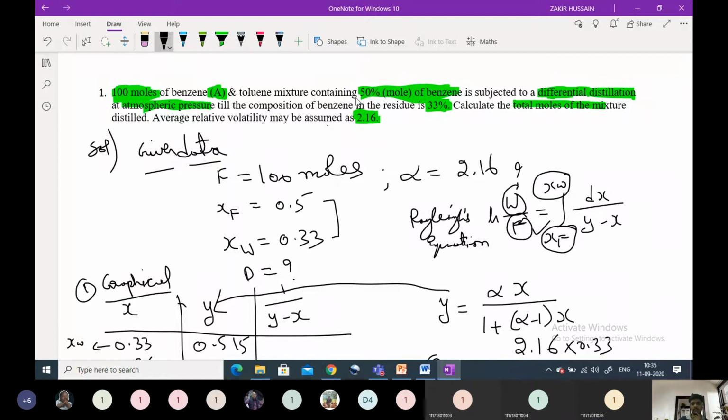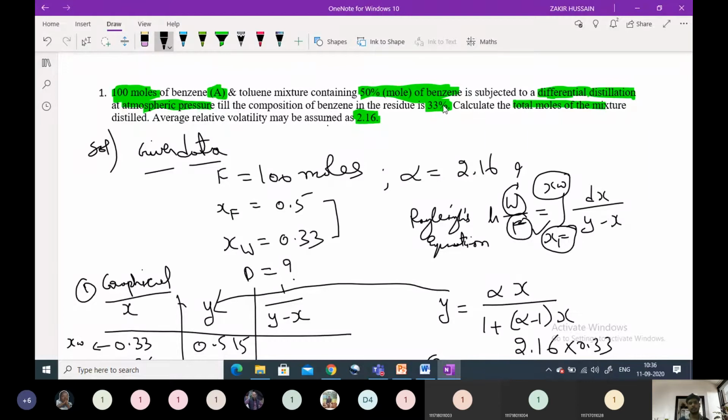This mixture is subjected to a differential distillation, nothing but a simple distillation, at atmospheric pressure, so the pressure is 1 atm, till the composition of benzene in the residue is 33%.